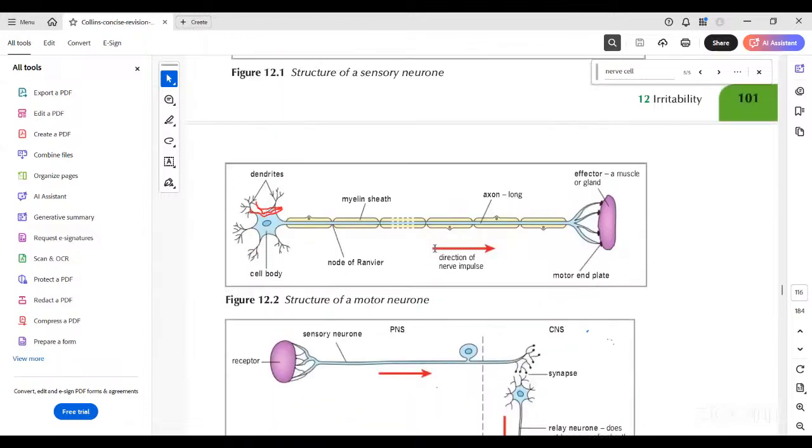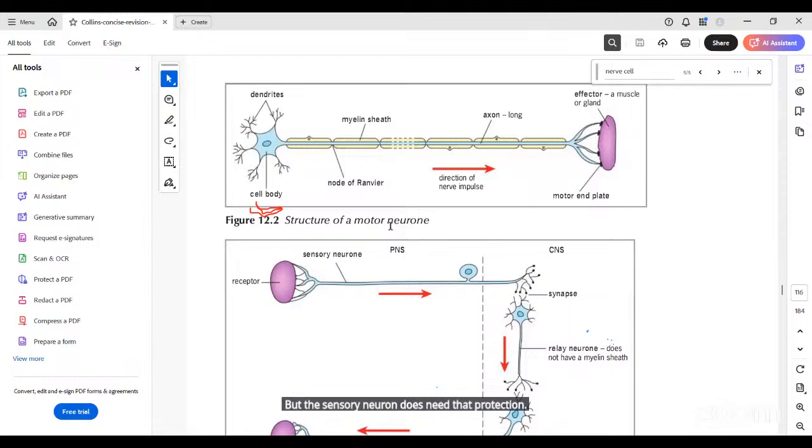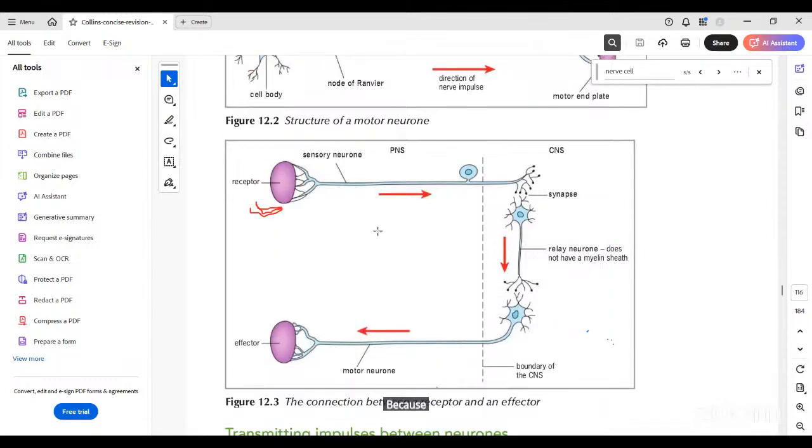But the sensory neuron does need that protection, while the relay neuron doesn't. Why do you think that? Because the sensory neuron is way more important.